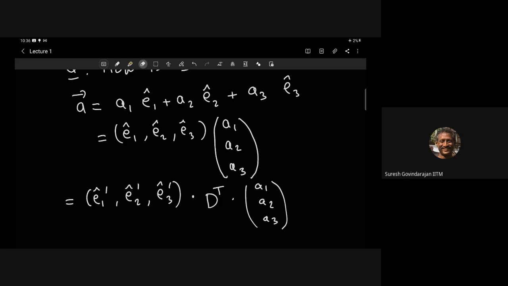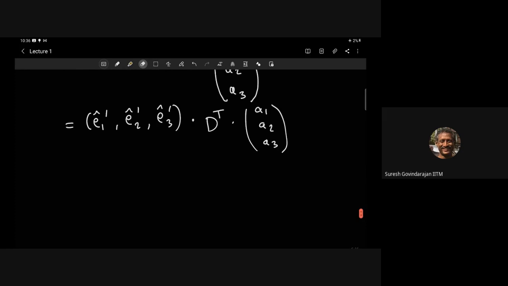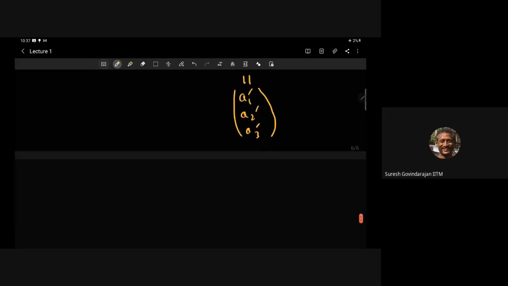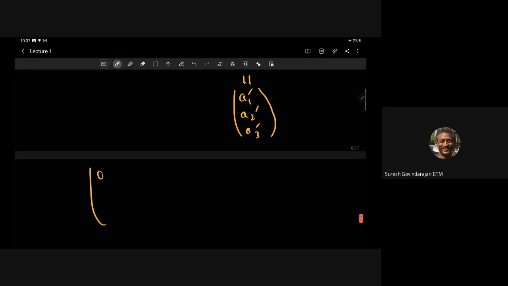Okay, good. So now we see that morally this combination should be equal to D transpose acting on the primed acceleration. So we get this formula.